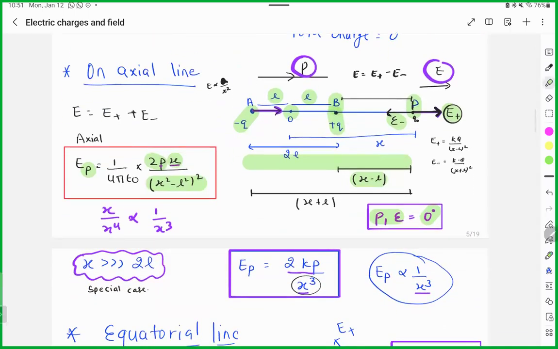Second, the formula we ultimately get after derivation. And third, here the electric field, if you consider dipole moment, depends inversely on x cube. Okay, done. And fourth point, both dipole moment and electric field are in the same direction.